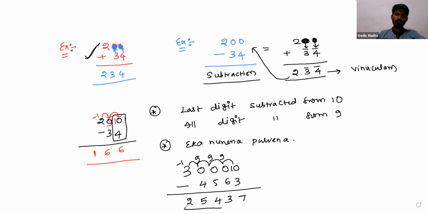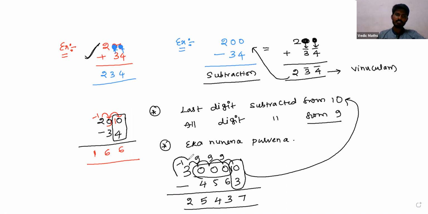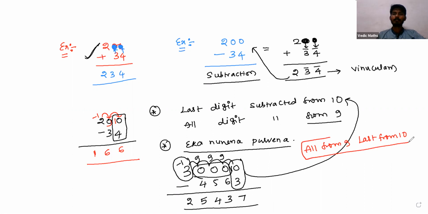Then we get 2. Now see, the last digit is subtracted from 10 and all the remaining digits are subtracted from 9, and on the last digit we do Eka Nyunena Purvena. So that is the reason the sutra becomes all from 9, the last from 10. That sutra we are using here.